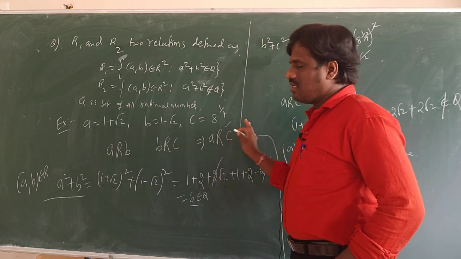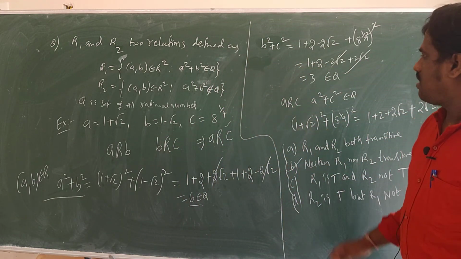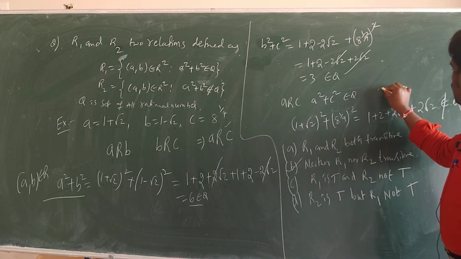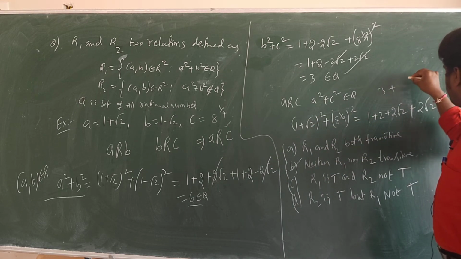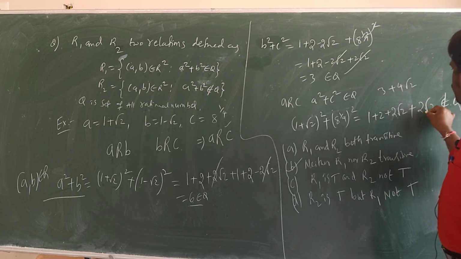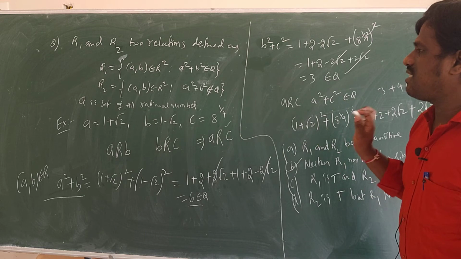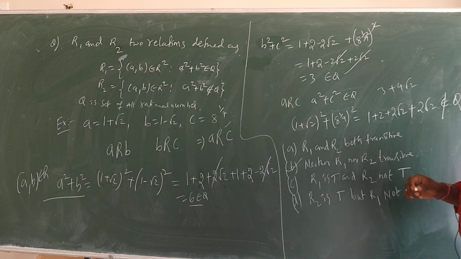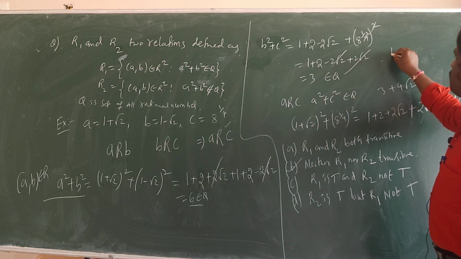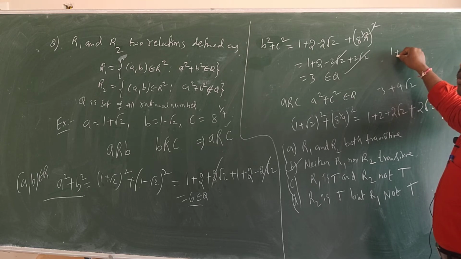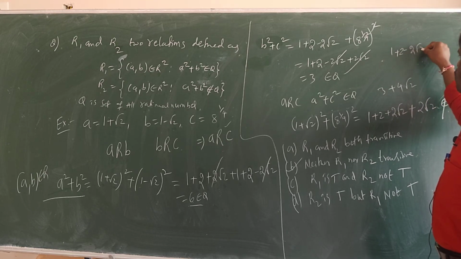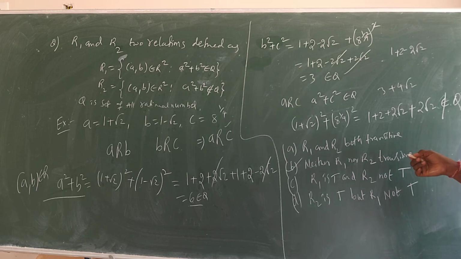Suppose I take A and C, what will I get? 3 plus 4 root 2, root 2 plus root 2, 4 root 2. If I take BC, what will I get? BC related means B square is 1 square plus root 2 square, which is 2 minus 2 root 2. Okay, that is again going to be real, rational. I should not get like that.